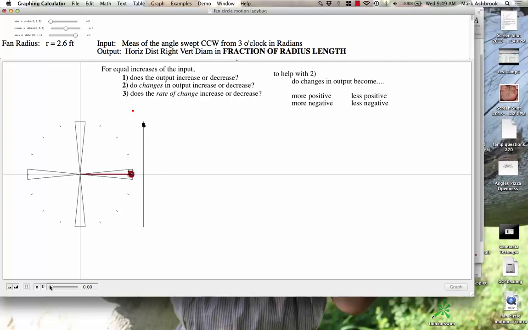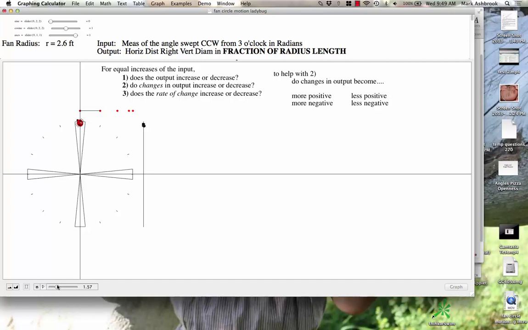What's our initial value of horizontal distance here at theta equals 0? How many radius lengths are we to the right? 1. So the output, increasing or decreasing? From what to what? 1 to 0. Here we're at 1 radius length to the right. Here we're at 0 radius lengths to the right.